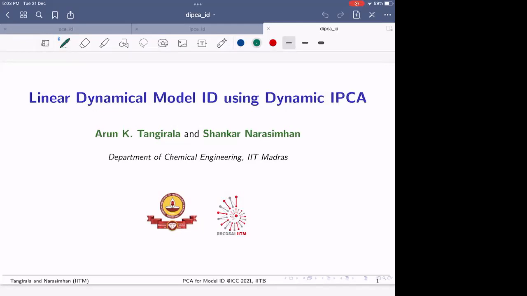That was the shortest title you could think of. And then in the evening yesterday, I spoke on linear steady state identification using PCA. And this morning, I spoke of linear steady state identification using iterative PCA. And now it has grown into linear dynamical model identification using dynamic IPCA.